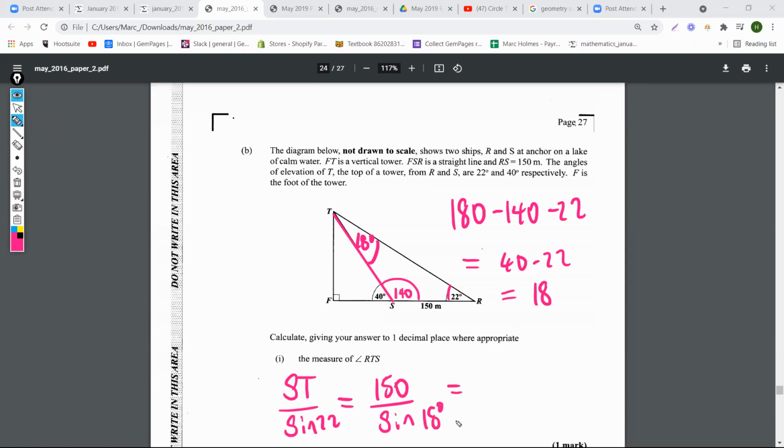Cool. And we'd end up with ST being equal to 150 over sine 18 times sine 22. And this would give you 181.8 meters. This one is kind of hard, guys. As I say, I really hope this will not come, but I'm just doing it just because.